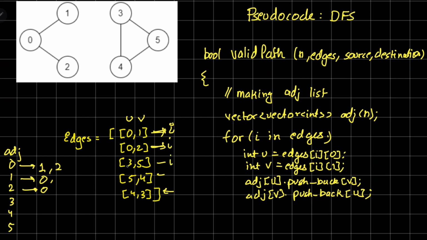For this i, as u is equal to 3, we have to push 5, and for 5 we'll push 3. For this i, in 5 we will push 4, and in 4 we will push 5, and finally for this i, in 4 we will push 3, and in 3 we'll have to push 4. Okay, so our adjacency list will look something like this.